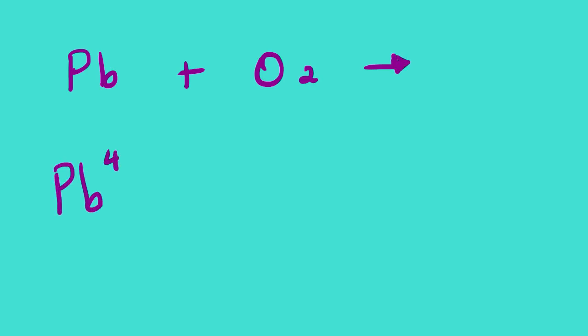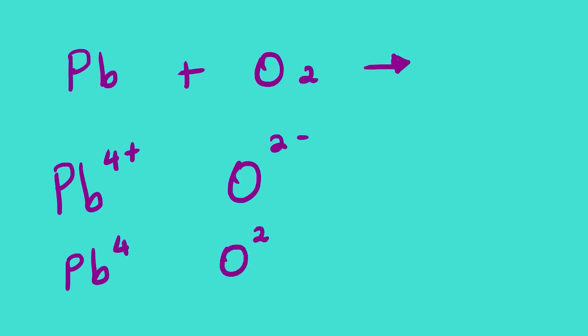Another important example that we should look at is lead-4 reacting with oxygen. In this case, we have lead-4. So lead-4 has a formal charge of 4 plus, oxygen has a formal charge of 2 minus. So we have lead-4 reacting with O2.